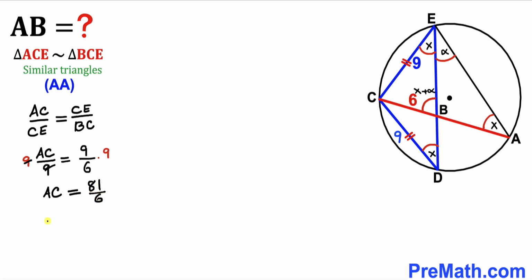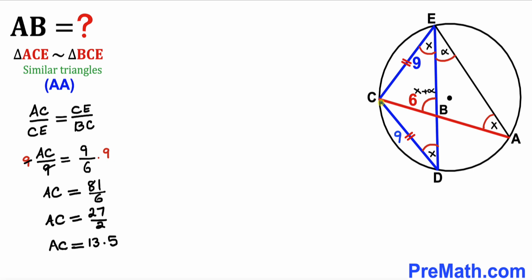Or if we reduce the right hand side, this could be written as AC length is 27 divided by 2. In other words, we can write AC length is 13.5 units.